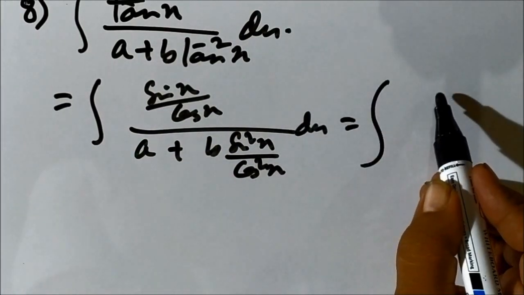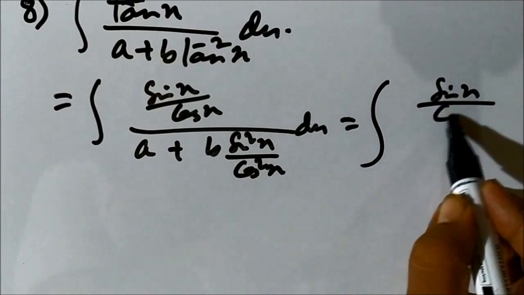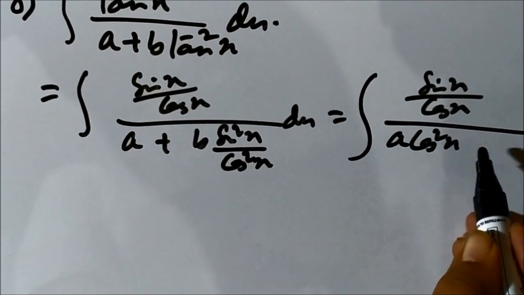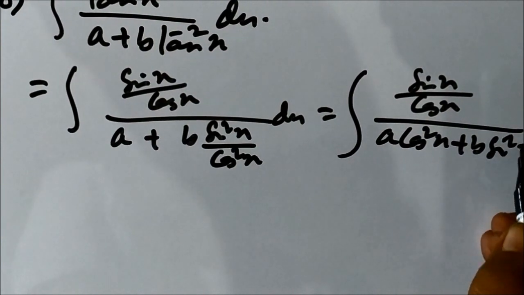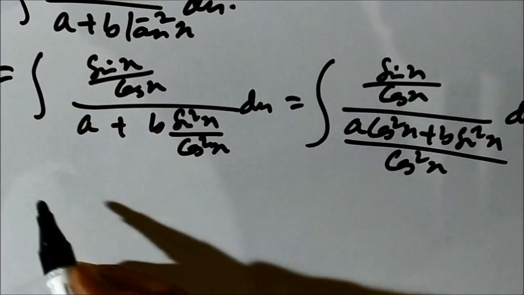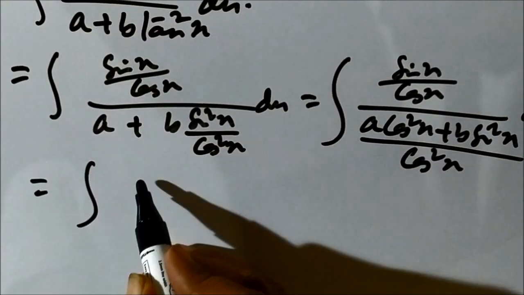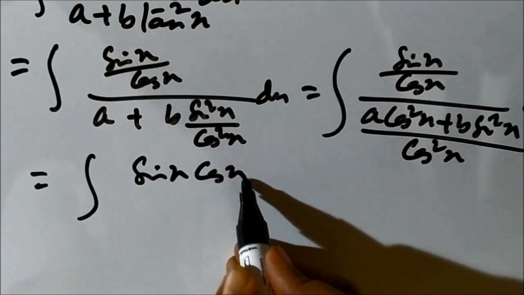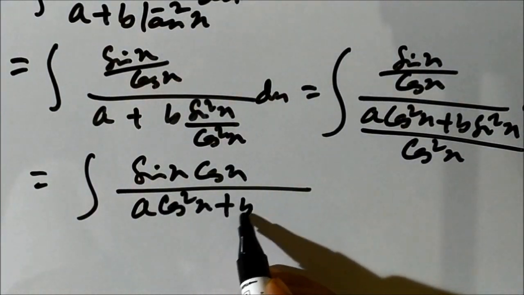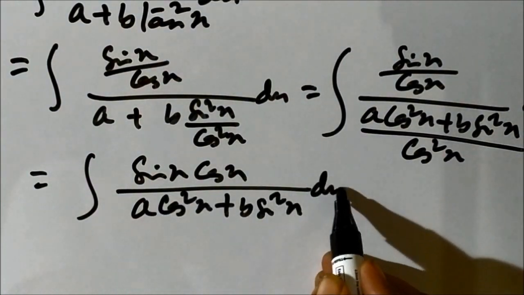This is equal to sin x by cos x over a cos square x plus b sin square x by cos square x dx. This is equal to sin x cos x by a cos square x plus b sin square x dx.